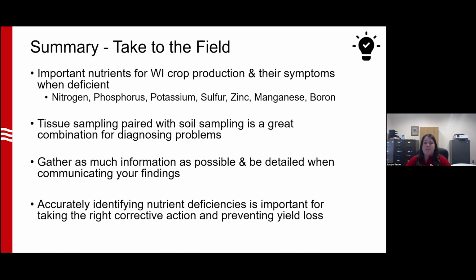The two of them together really give us a lot of great information. Gather as much other information in the field as possible, and be detailed when communicating your findings. Accurately diagnosing problems in the field is the best way to make sure we can take the right actions to manage it effectively.